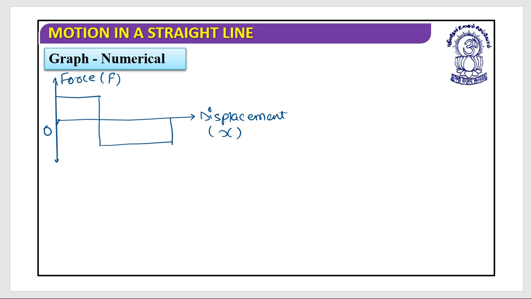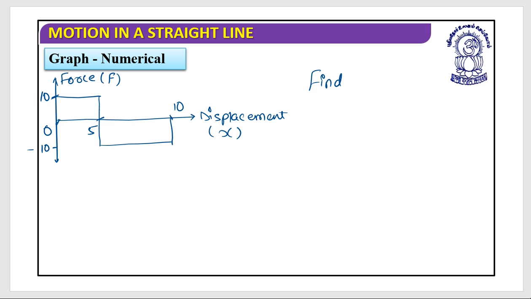This is 0 meter. This is let's say 5 meter. This is let's say 10 meter. This would be 10 Newton. Again, this would be 10 Newton, but as it is on the negative side, it would be represented as minus 10.